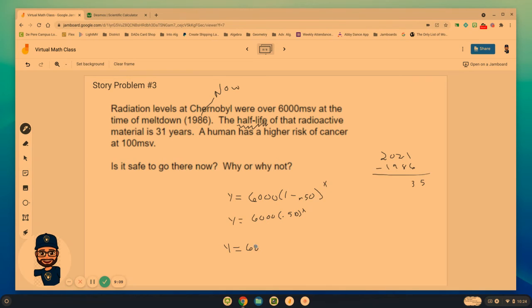So y equals 6,000 times 0.50. We've gone 35 years, but we have to divide it by the amount it takes for a half-life, which is 31. 35 over 31. And we can plug that into Desmos.